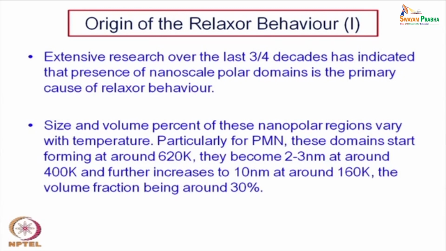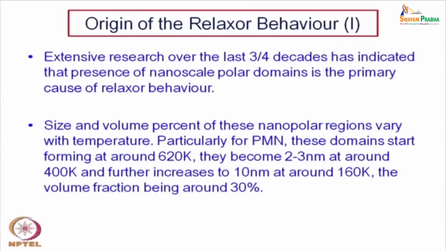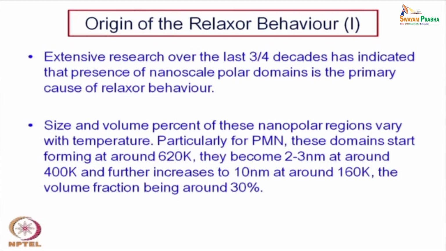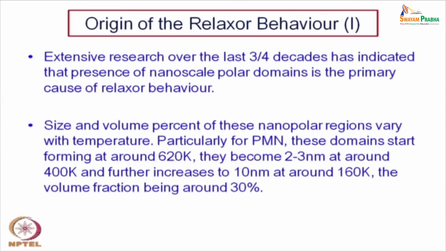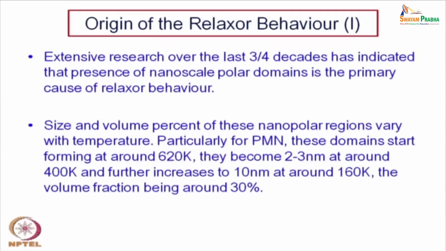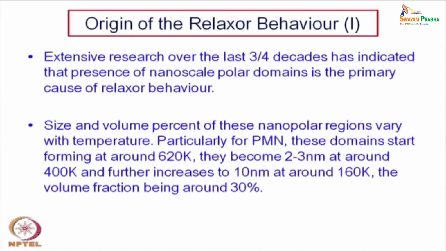So, each one of these domains has a different relaxation time, and because of that you have different relaxation processes occurring, and their time constants are also different. Because the time constants are different, they respond to different frequencies.